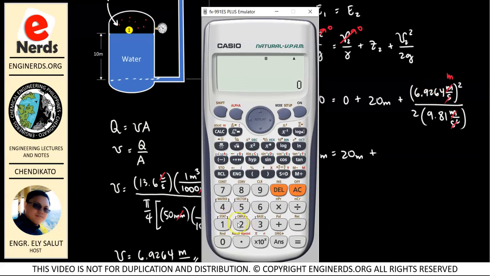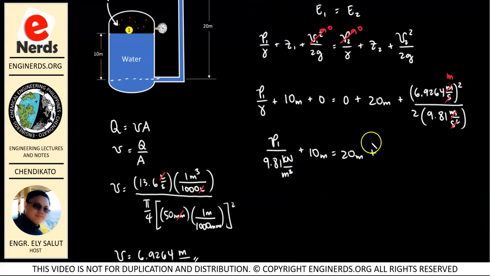So, we have 6.9264 squared divided by 2 divided by 9.81. So, we have 2.445 meters.